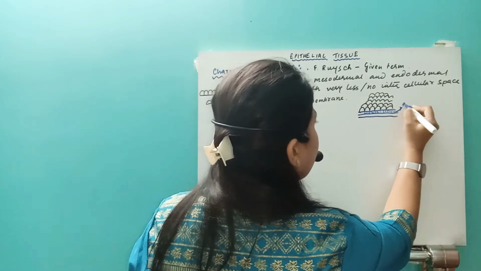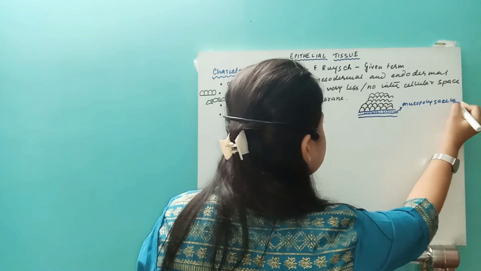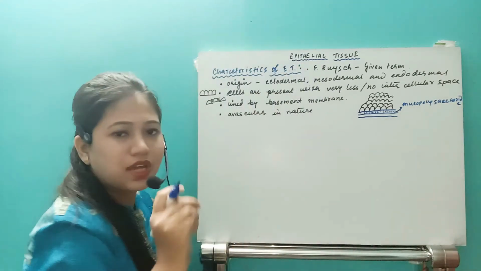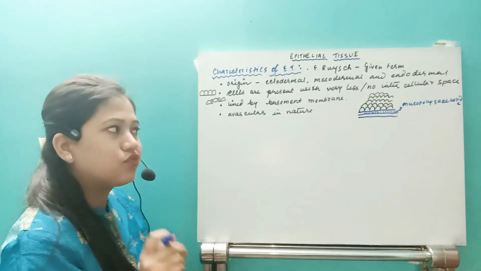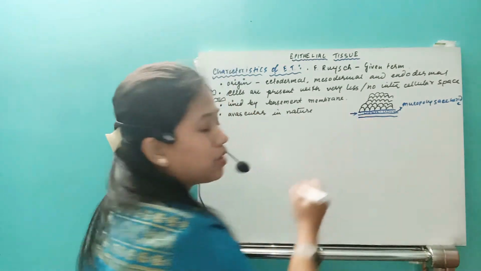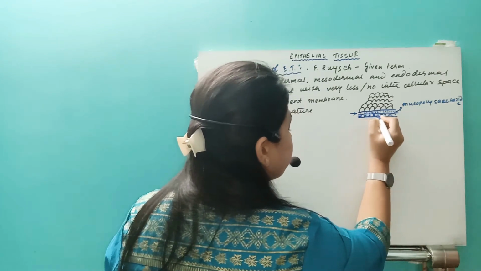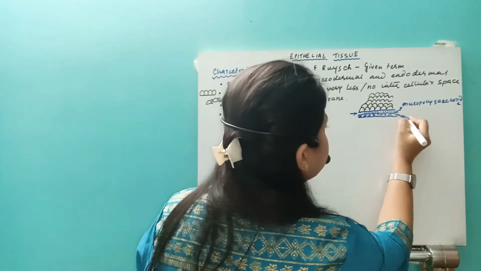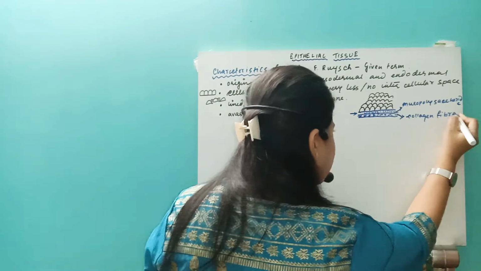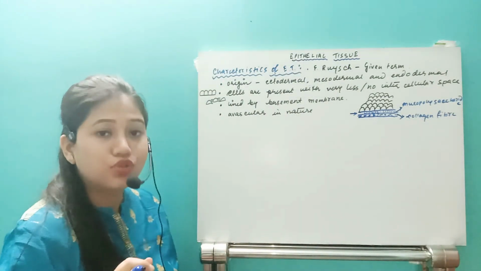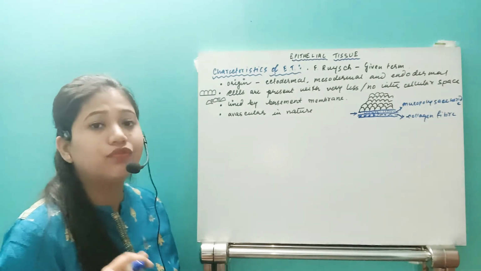Some organic biomolecules like mucopolysaccharide form the first layer of the basement membrane, and the next layer is made up of a protein fiber, basically collagen fiber. Collagen is the protein that forms the fiber, right? So this basement membrane will have two layers.